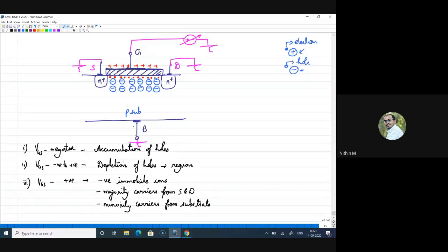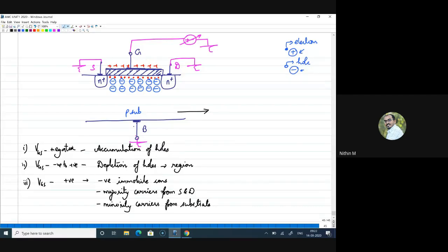Now, if you look at the structure, this portion is actually p substrate, but the region beneath the gate, even though the substrate is p, now has majority carriers as electrons, right? The p substrate has majority carriers as holes, but the region beneath the gate, only this area, the property of that area got inverted.